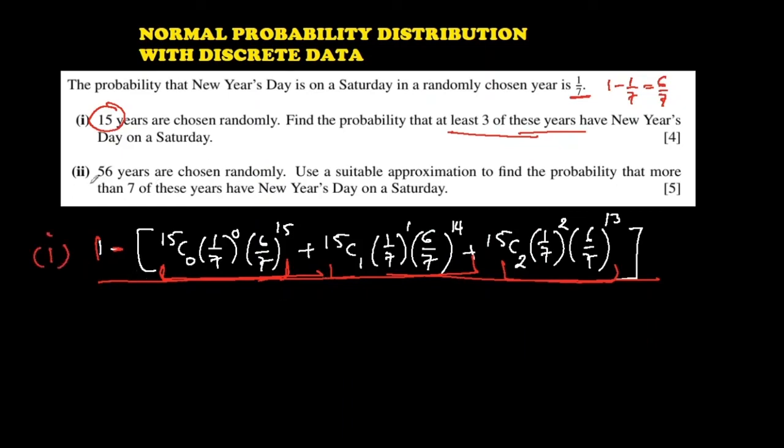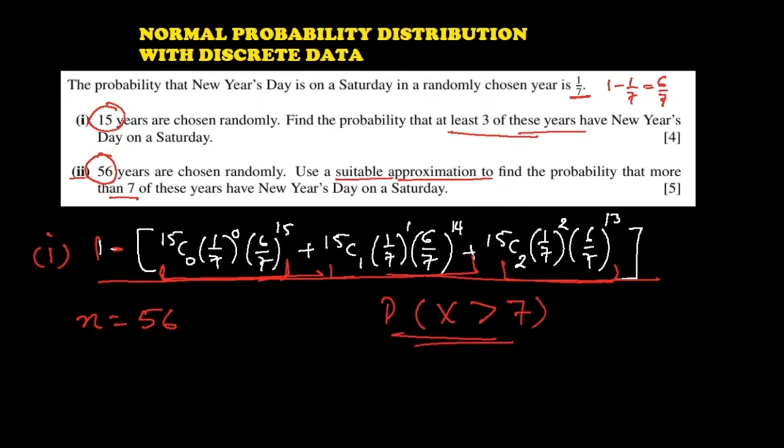But what I'm interested in is the second part, where n becomes 56. And they want us to use a suitable approximation, and normal approximation is the suitable approximation here, to find the probability that more than 7 of these years have New Year's Day on Saturday. So this is what we have to find.